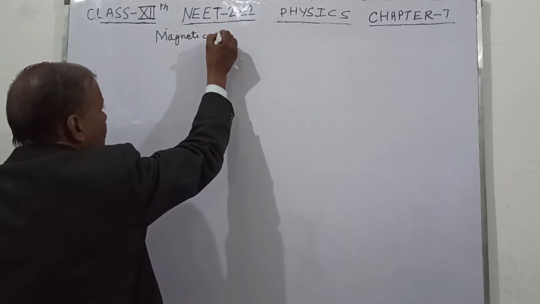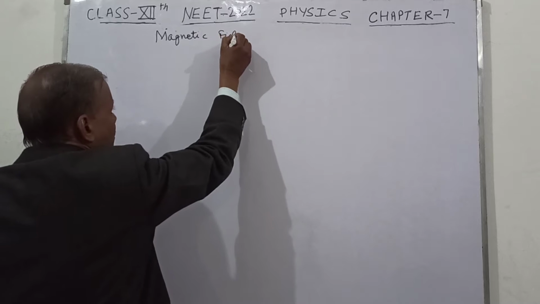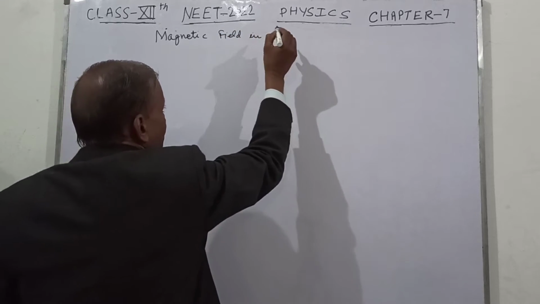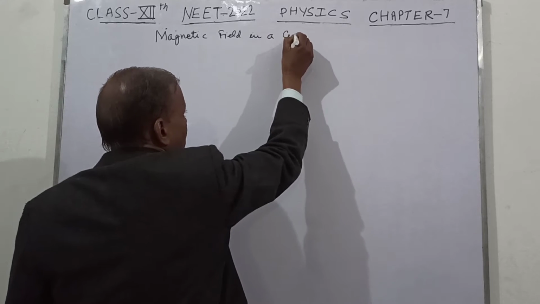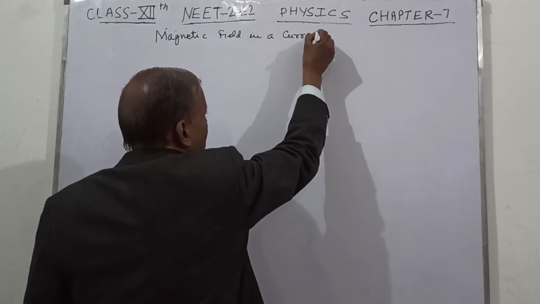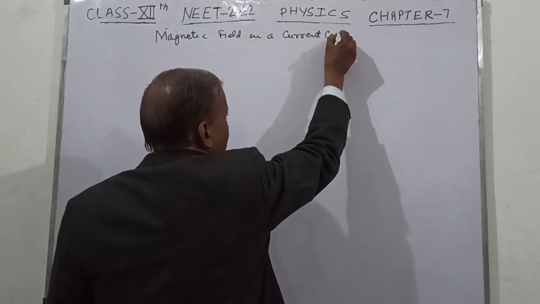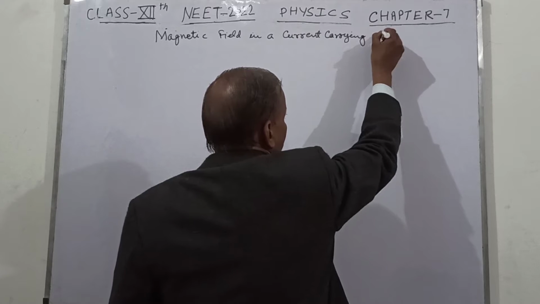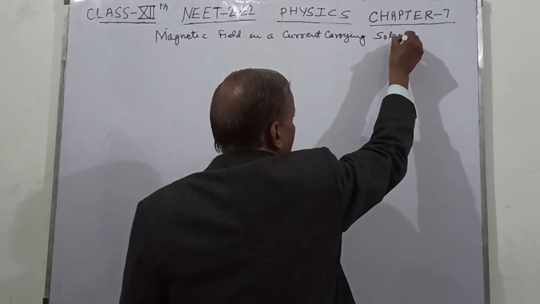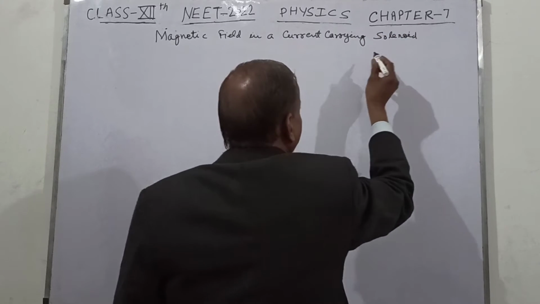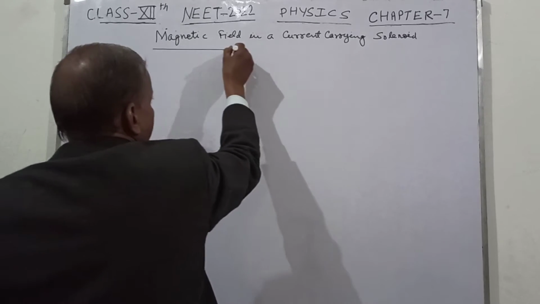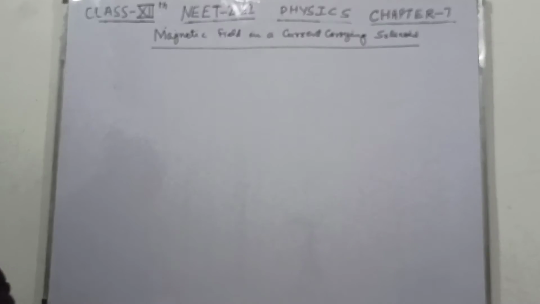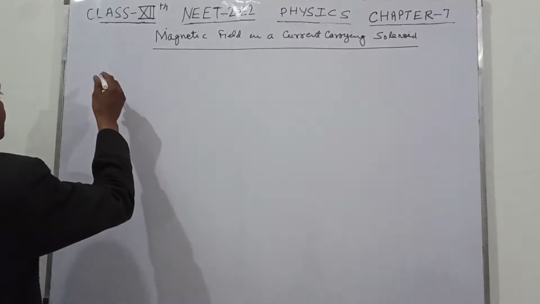Magnetic field in a current carrying solenoid. So now, first, what is a solenoid?